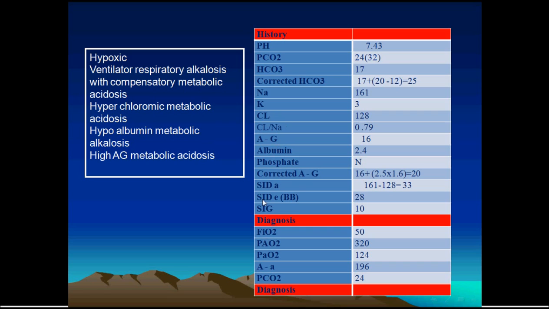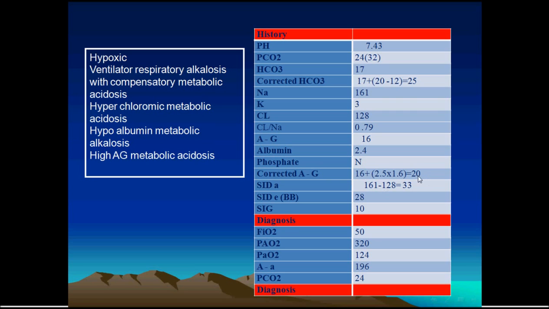Look at the protein. The albumin is low. When you correct this, the albumin should be 3.5 or 4 instead of 2.4. So this is the difference, about 1, and this gives you about 2.5 milliequivalents for bicarbonate. So the corrected bicarbonate in this case would be 20.